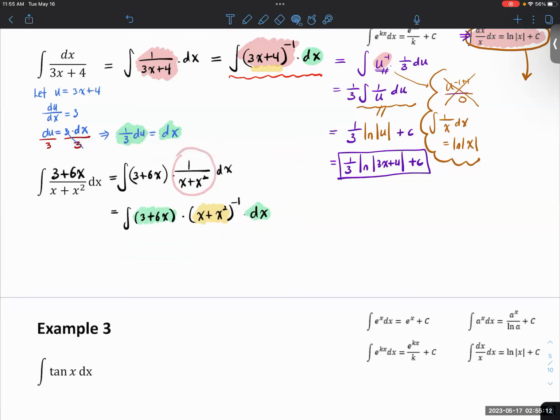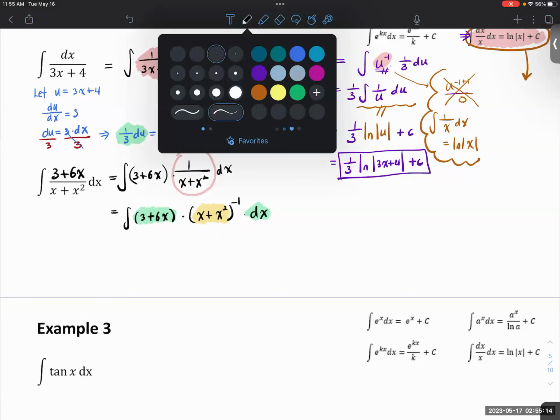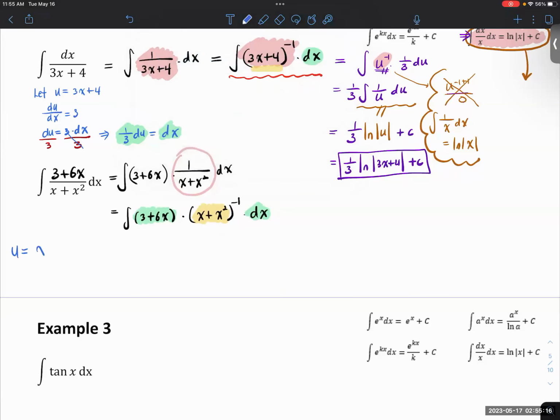Great. So let's say u equals x plus x to the second. Take the derivative, right? So du over dx is 1 plus 2x. That means du equals 1 plus 2x times dx. Beautiful. Now what are you going to do? I want to find 3 plus 6x. So you already feel it.